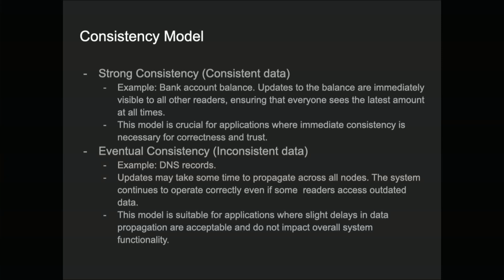In contrast, eventual consistency, or inconsistent data, means changes are not immediately visible. It takes time for the updates to reach everyone, like with DNS records. The key difference is whether your system can work correctly with outdated data.